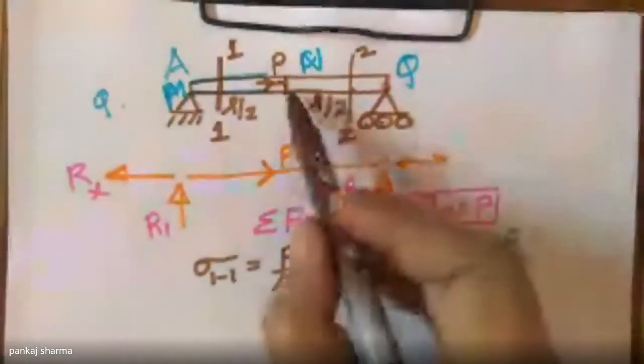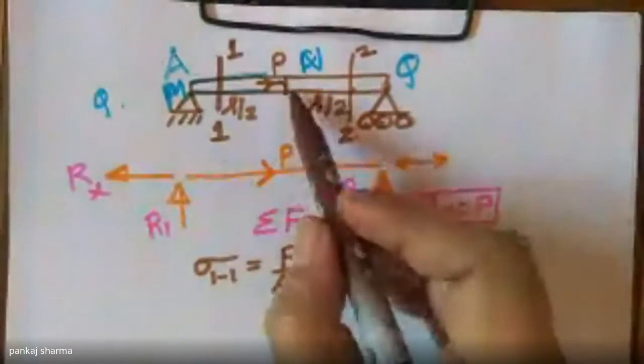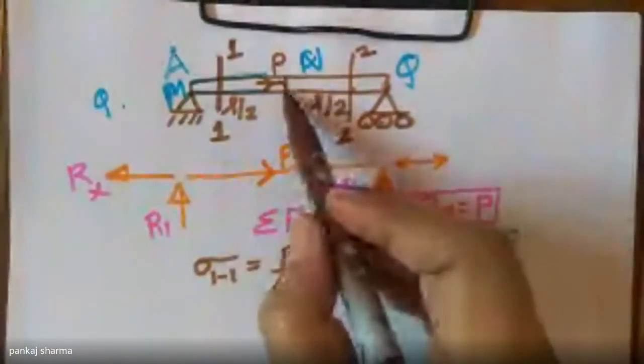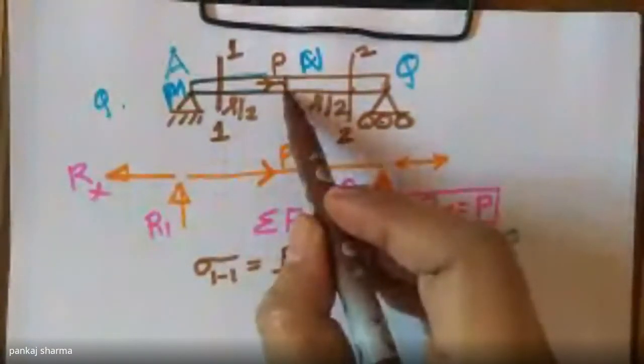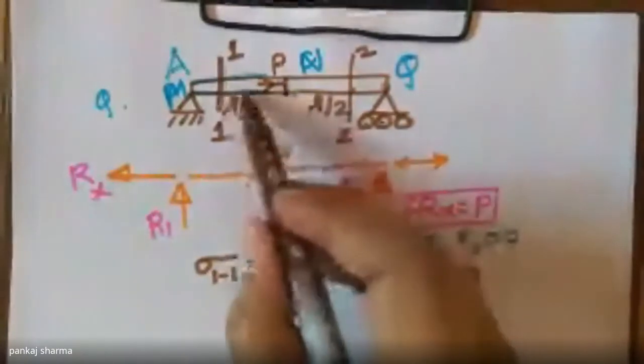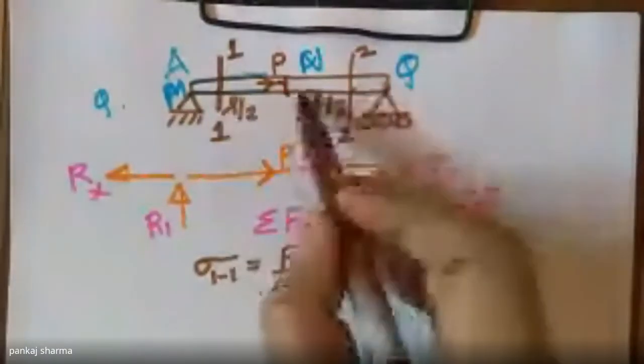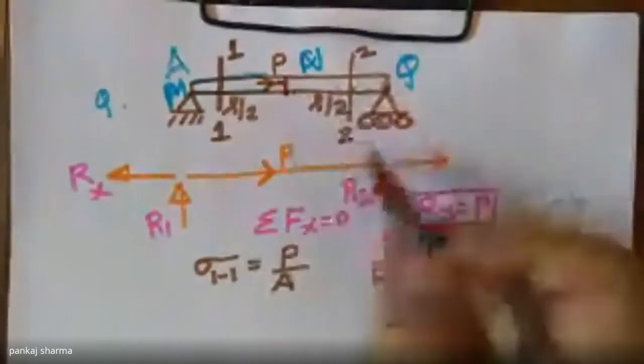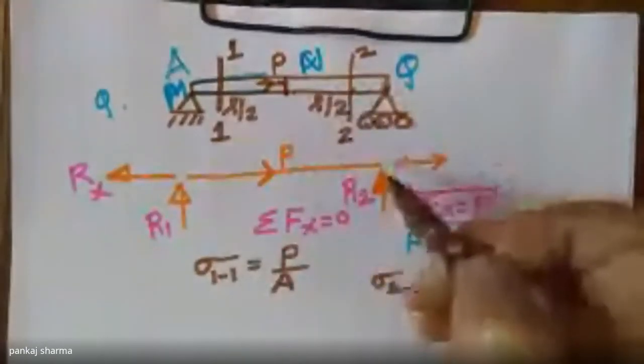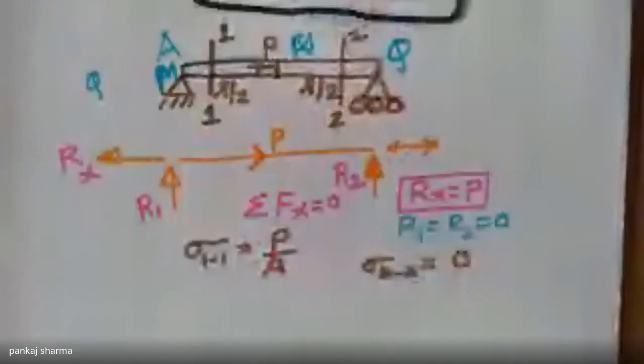So the resisting force occurs only in this part. In this part there is no reacting force. No reacting force means no resistance force. No resistance means no stress induced in this part because it can move, it can slide, right? So this is the main important thing.